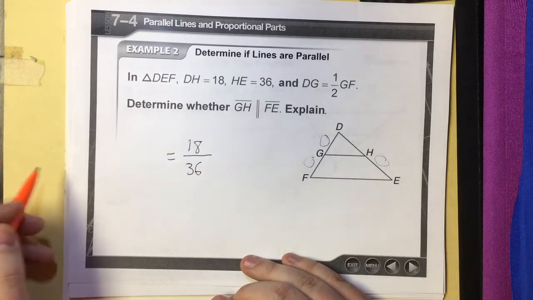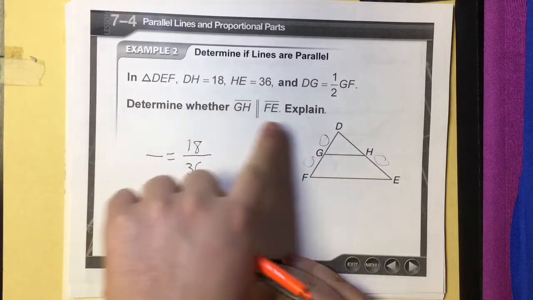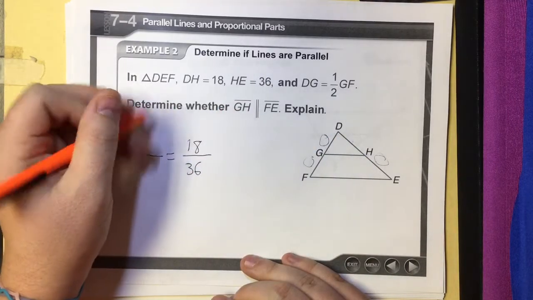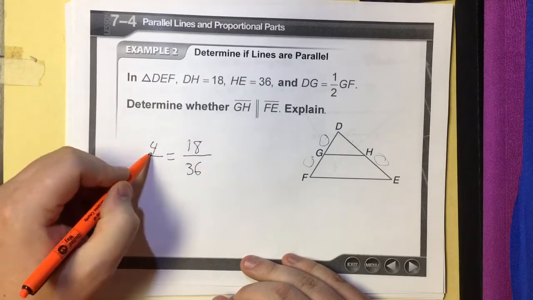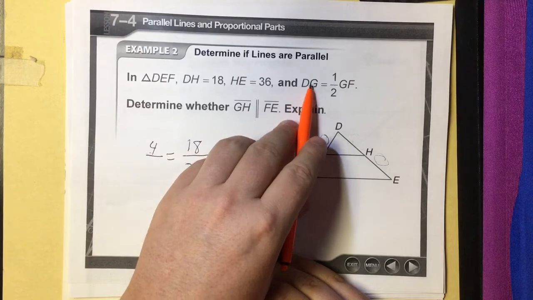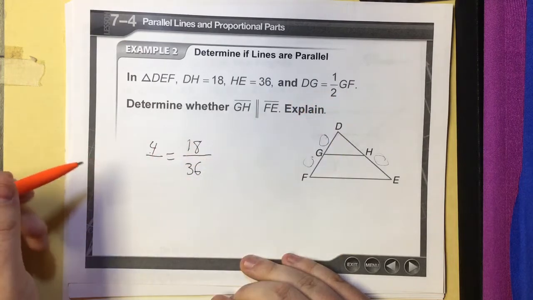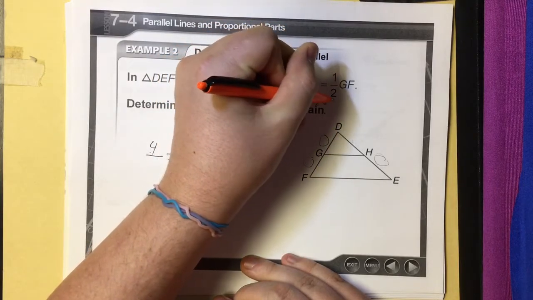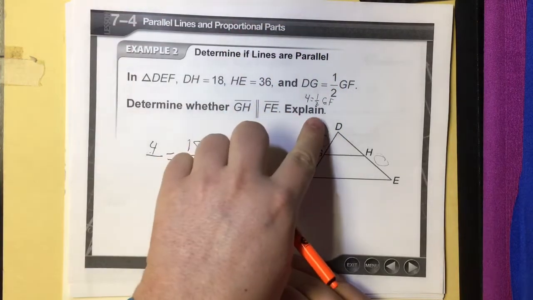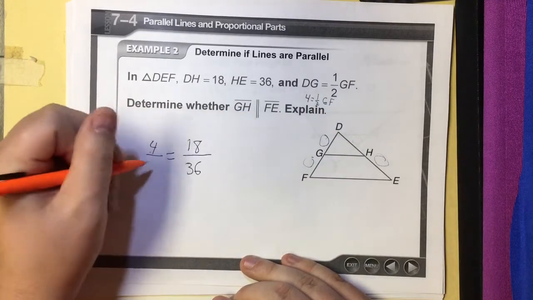So I'm just going to make up a number. Let's say DG, which needs to go on top because DH went on top, is 4. I don't know, could be any number. If DG is 4, 4 is 1/2 of GF. So to get GF by itself, multiply by 2.